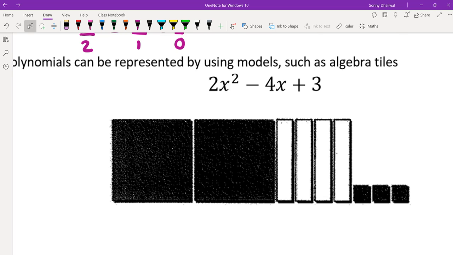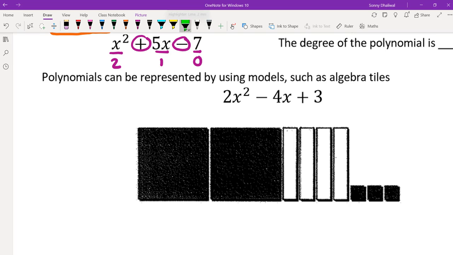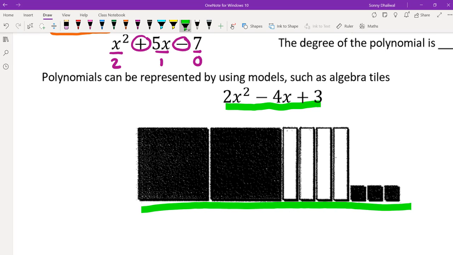If I say this polynomial here is represented using these blocks here, could you compare this to this and tell me what each one of these shapes means? Izzy? One's positive, one's negative.